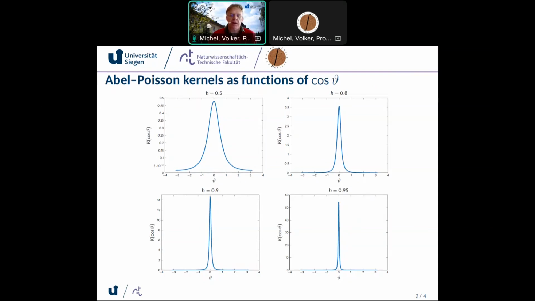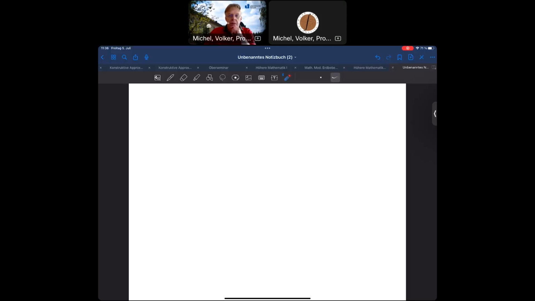So the larger h is, the thinner, the finer is the peak that you get by looking at the functions. Now we can utilize that. It's a basic property, which is the reason why people use these spherical radial basis functions.